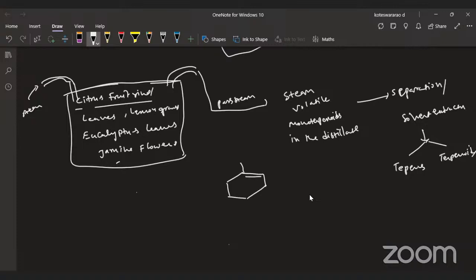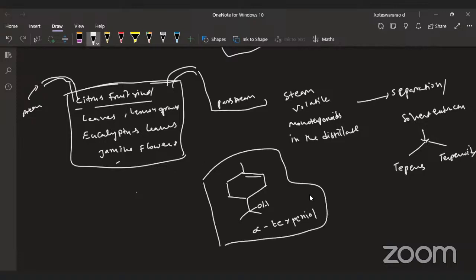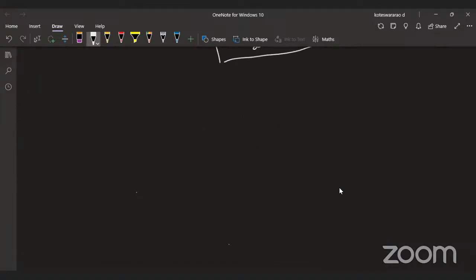But whenever we isolate a compound from a natural product, we don't know the structure. In such cases, how do we determine its structure? There was no spectroscopic method then. The compound must be in its purest form. They apply several chemical reactions and degradation experiments, and based on that they propose the structure of the compound. Later, they synthesize the compound and compare it with the already isolated one.